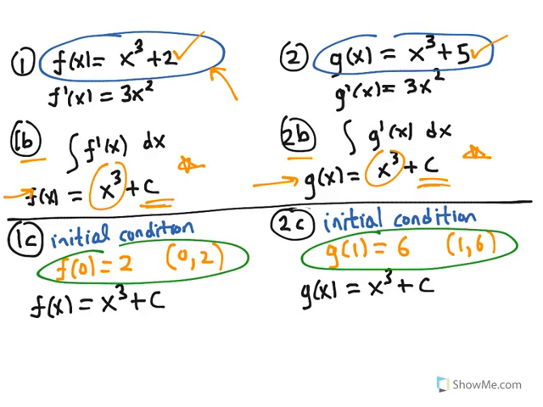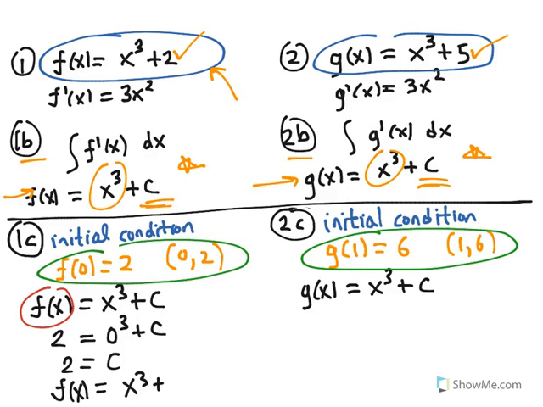So basically, for the function f, for 1c, when x is 0, y is 2. And of course, f of x is y. So when x is 0, I have 0 cubed plus c, y would be 2. And that tells me when I solve for c, 0 cubed is 0, so I get that c should be 2. And I get f of x should be x cubed plus 2.